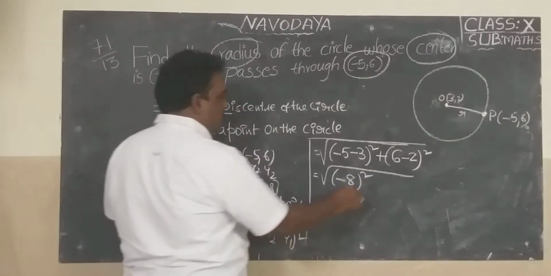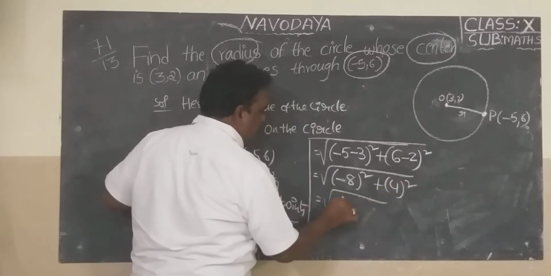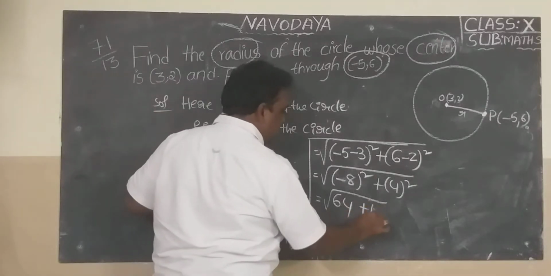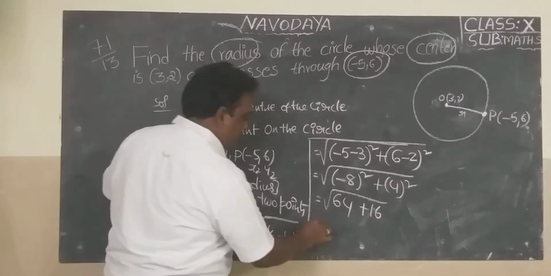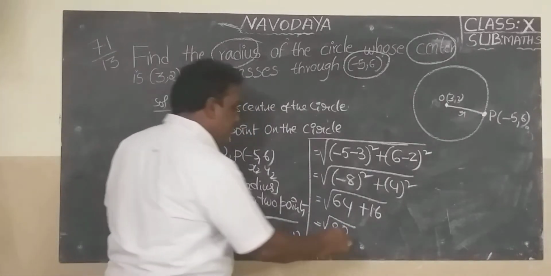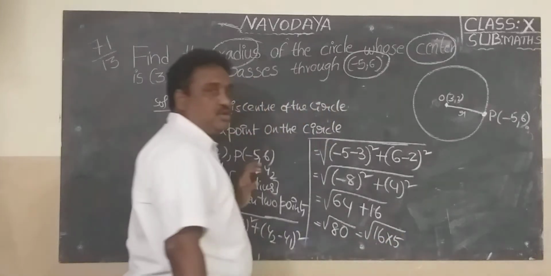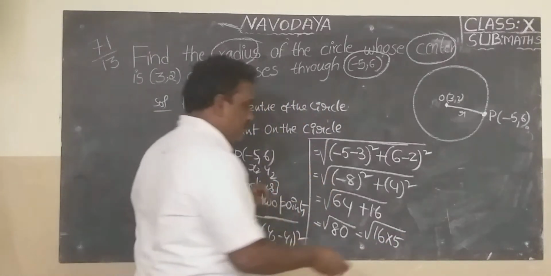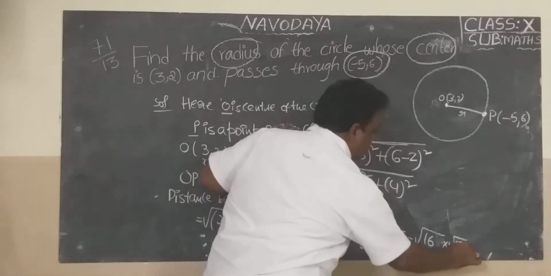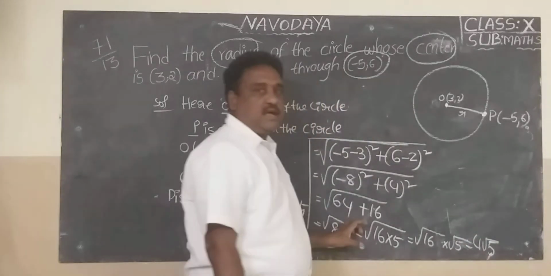What is 6 minus 2? 4, whole square. What is minus 8 whole square? 64. Plus, what is 4 square? 16. Add, root 80. How to write 80? 16 into 5. Then separate the root: root 16 into root 5. What is root 16? 4. So 4 root 5 is the answer.